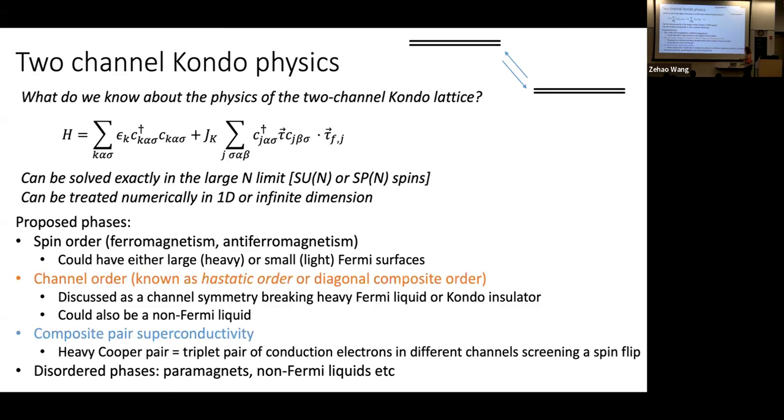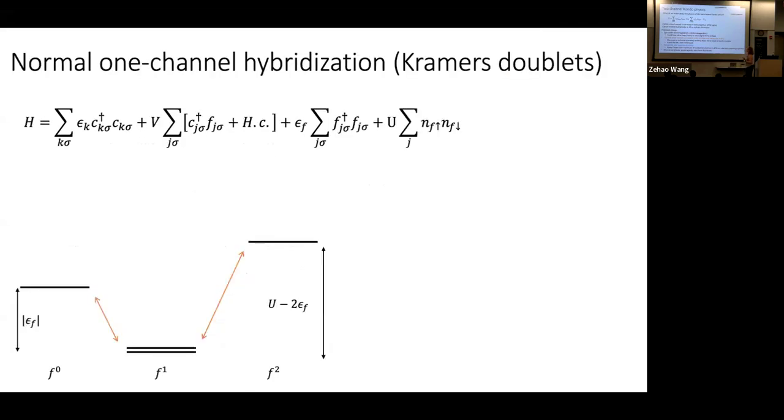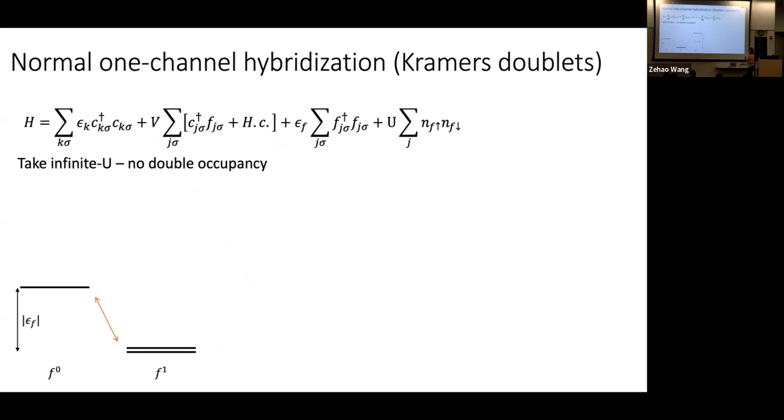All right, so these are the two unusual phases that I want to talk about, because those are unique to the two-channel Kondo lattice. So let me just refresh the usual single-channel picture. So here was the Anderson model for Kramers doublets, and what we'll often do is say, I'm going to forget about this term. So I'm going to take U to infinity and remove the double occupancy.